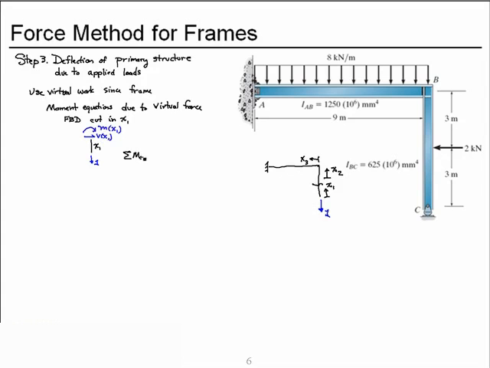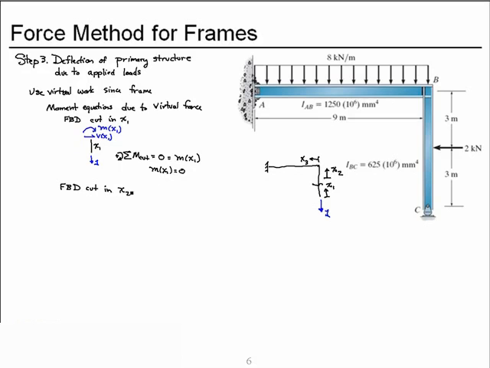We'll sum moments at the cut, and I could choose either direction to be positive for this summation. I'm going to choose clockwise since that's the direction that my little m is drawn. And the only thing that contributes moment about the cut is little m, so my moment equation all along x1 is 0. Well, that'll be very helpful. That makes my calculations in the virtual work method much easier.